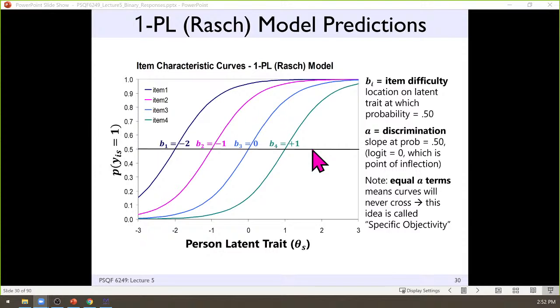Because if they got items right that counted more, then that would show up as a higher trait estimate. And do you want to explain to Johnny and Susie's parents why Johnny got fewer items right, but yet he got a higher score? Do you want to explain that? They don't want to explain that. So there's a face validity aspect of it too, that having items that differ in their parameters gets trickier.